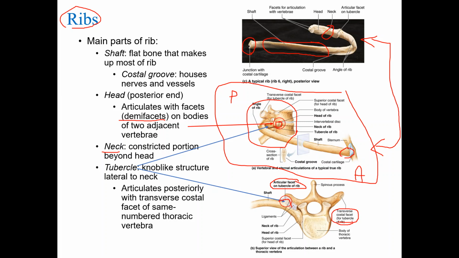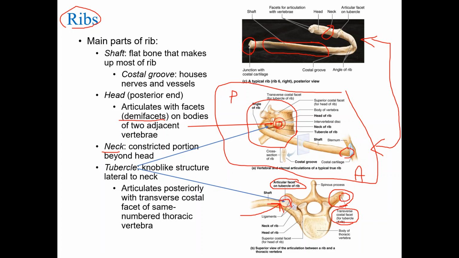The transverse costal facet of the vertebral process, which is for the tubercle of the rib. It's represented here. Sorry about the word confusion, I'm going to repeat it.